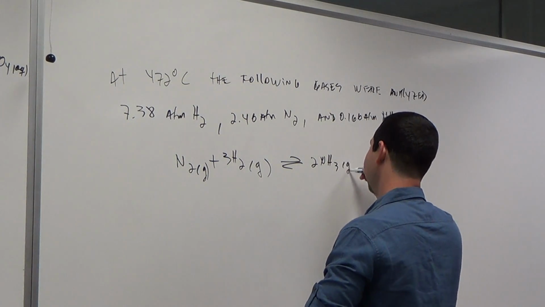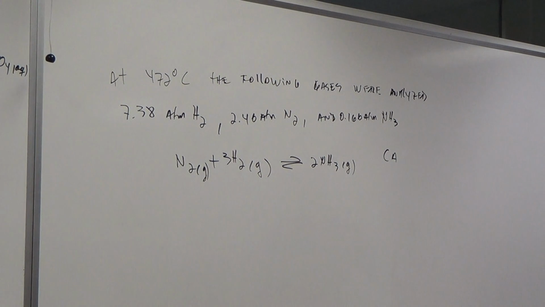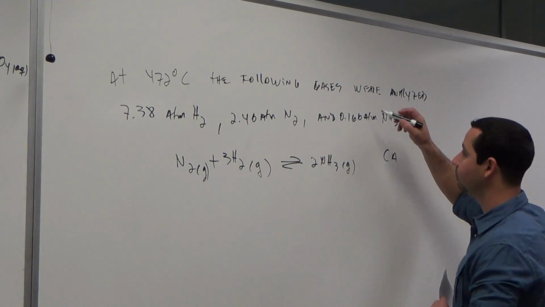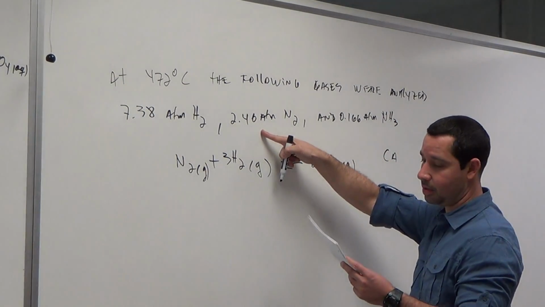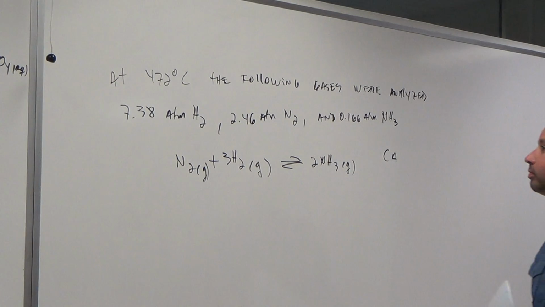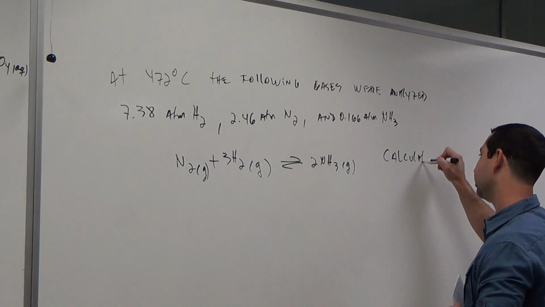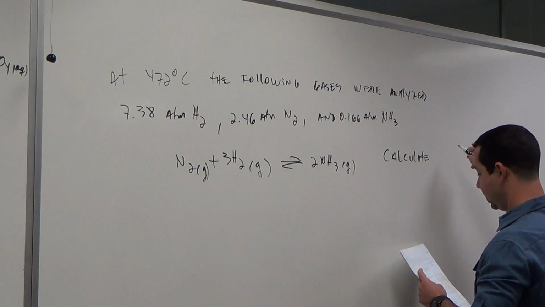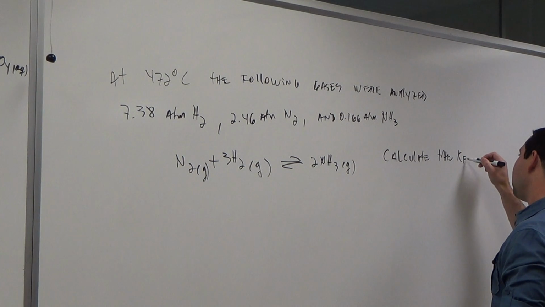Is that 160 or 166? 166. This, I don't know. It's like a 6 to me. Okay. Thank you. So calculate the equilibrium constant.